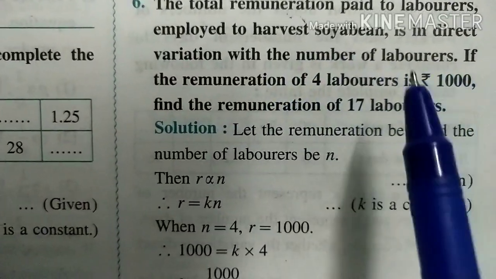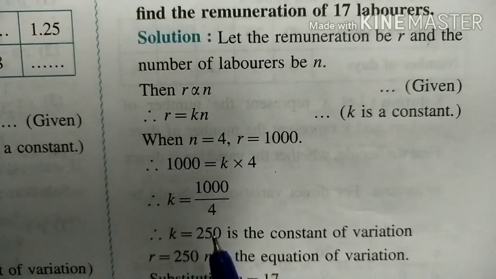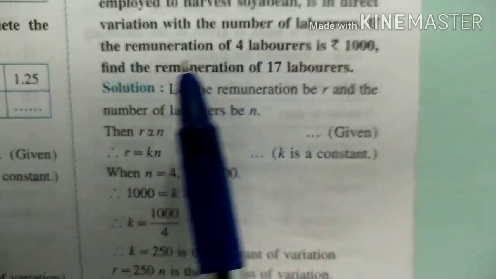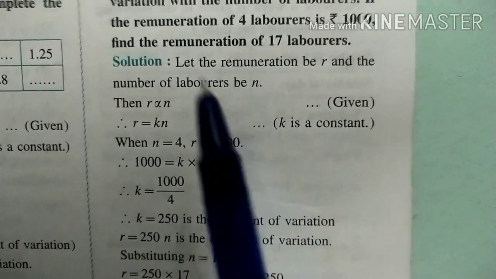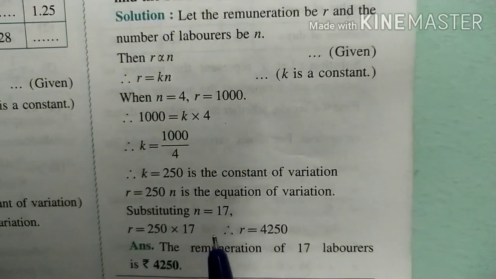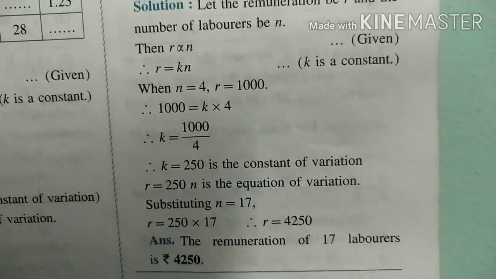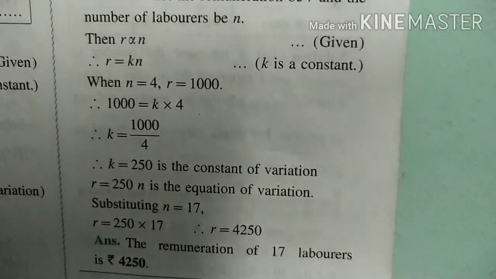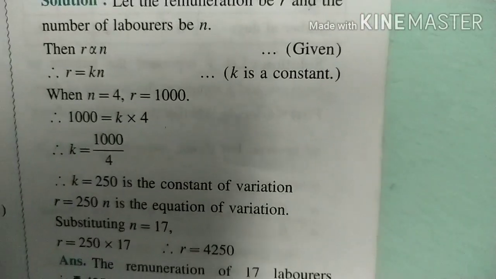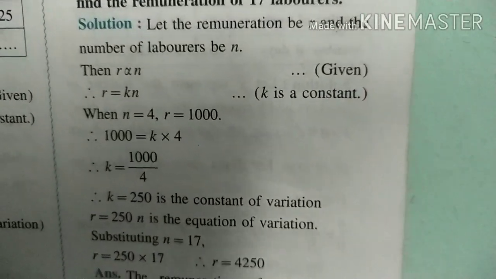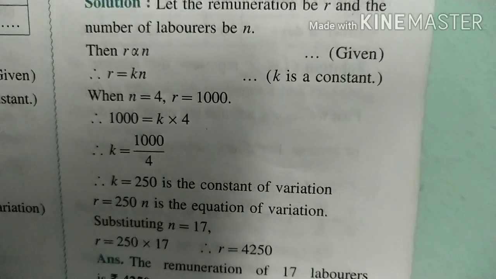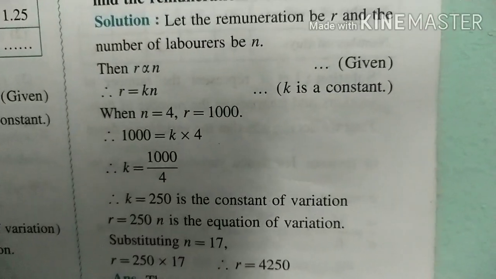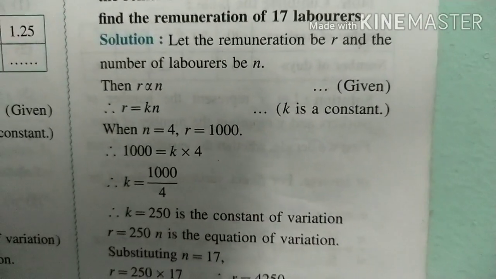Using this you will find out k, and once you get k, you will put that k in this equation, and then using this 17 you will find out the rupees, that is the remuneration of 17 laborers. In this way you have to solve the sums. The sums that you have to do on your own are only of the second section tables, second and third one, and the fourth section tables, second and third one. Remaining all the sums I have already shown you. So I hope you all will be able to do it.